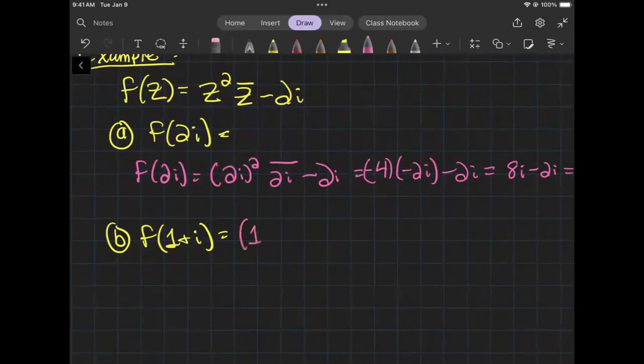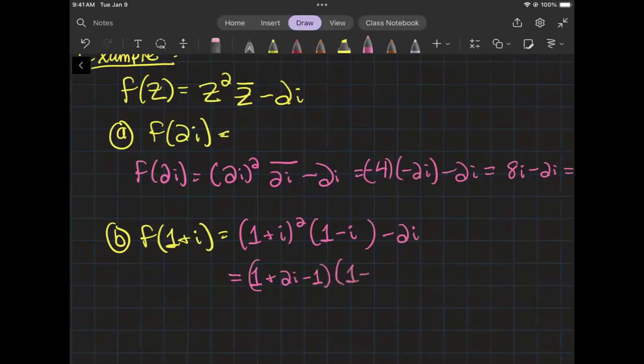Now f of 1 plus i, same idea, right? So this is 1 plus i squared times the conjugate of 1 plus i, so 1 minus i, minus 2i, right? And so this equals 1 plus 2i and then a minus 1, times 1 minus i minus 2i.